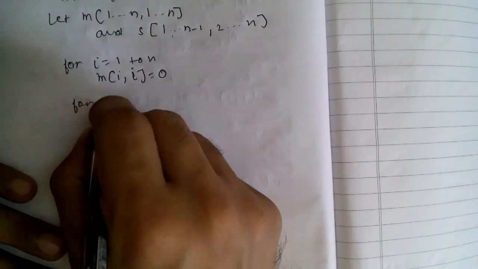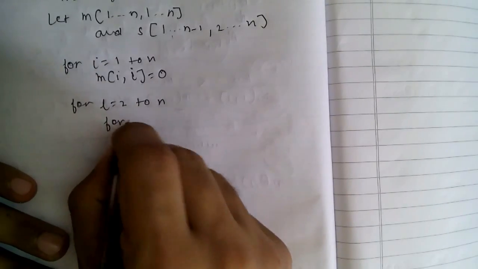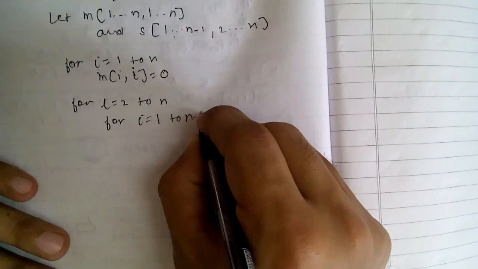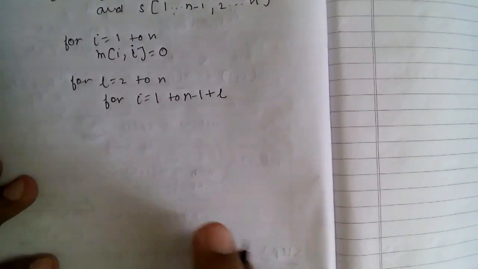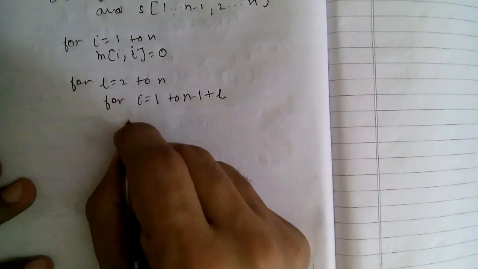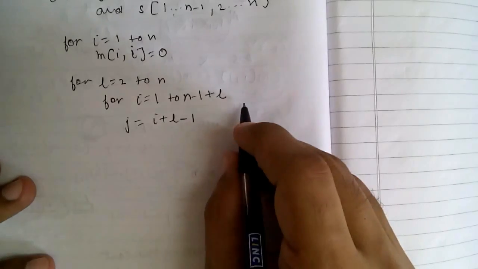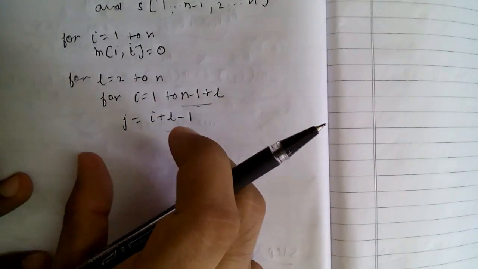Now for L equals 2 to n, for i equal to 1 to n minus L plus 1, j equal to i plus L minus 1. This is just simple for calculating.